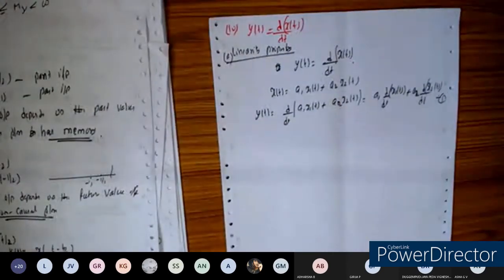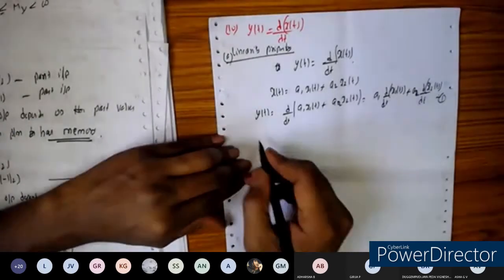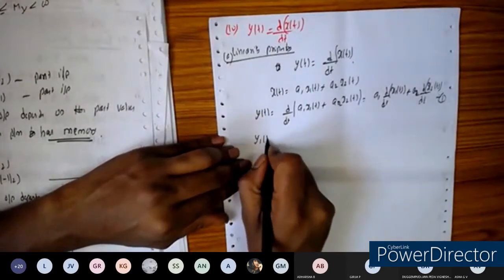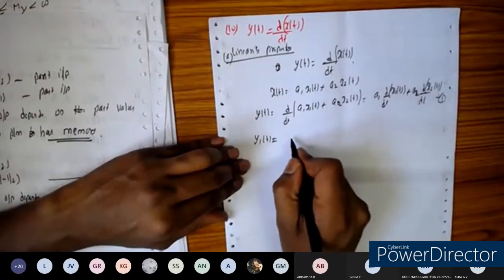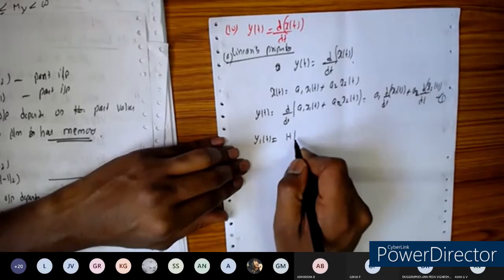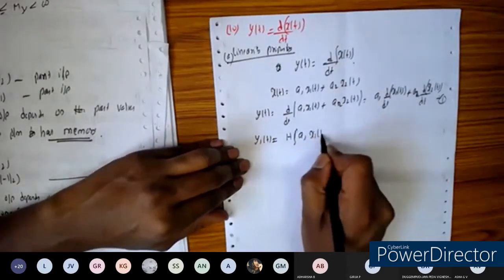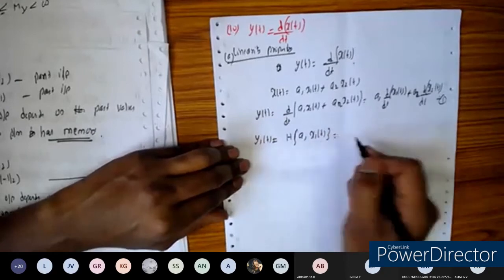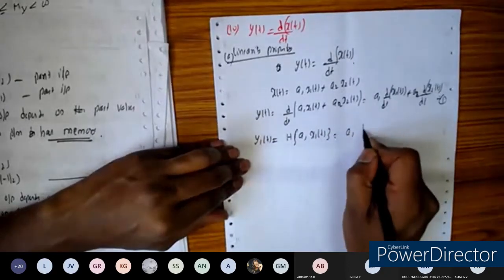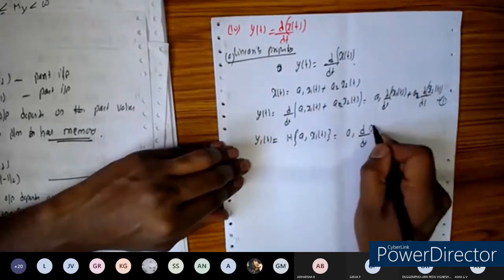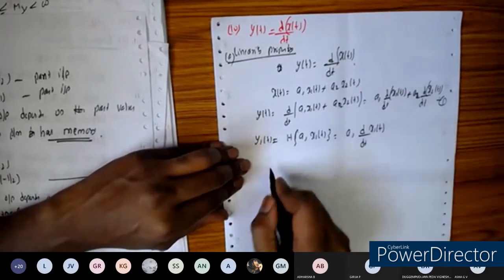Next, let us give the individual inputs. Let us say y1 of t is equal to h of a1 into x1 of t, that I am going to give as the input. So it will become a1 into d by dt of x1 of t.